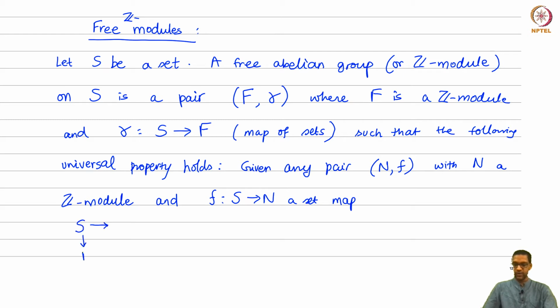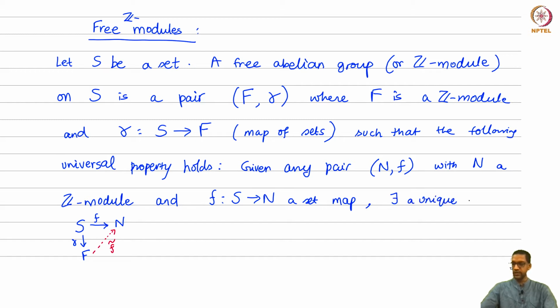So S to F, I have a gamma. Now I'm going to take an arbitrary pair, S to N, there's an f. Then given any such pair, what the universal property asserts is that there is a map F tilde from F to N, which is a homomorphism of abelian groups. Okay, so given any such pair like this, there exists a unique homomorphism.